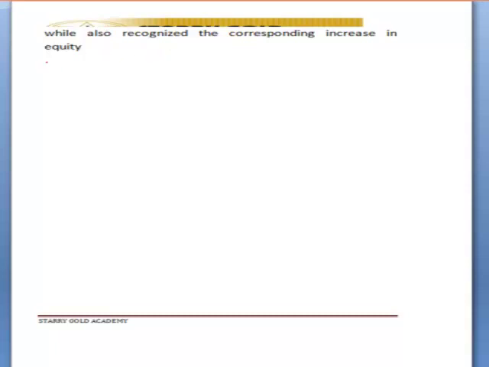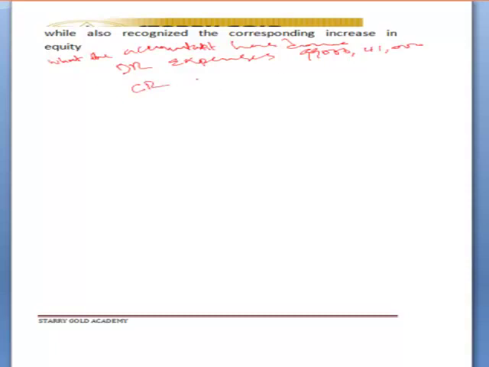So what the accountant has done here is that he has debited his expenses for maybe 99,000 or 41,000 as the case may be. Then instead of crediting bank or cash, because he paid those expenses, he recognized this in equity for the same amount.